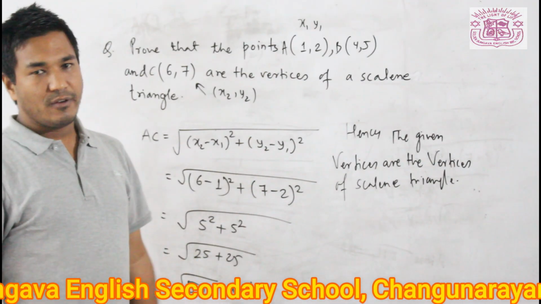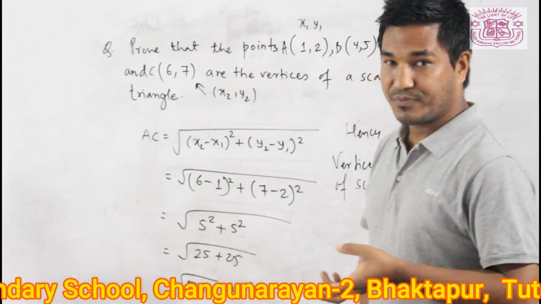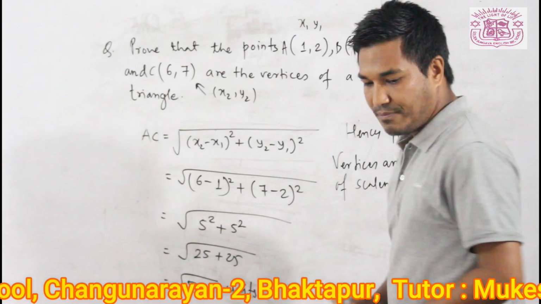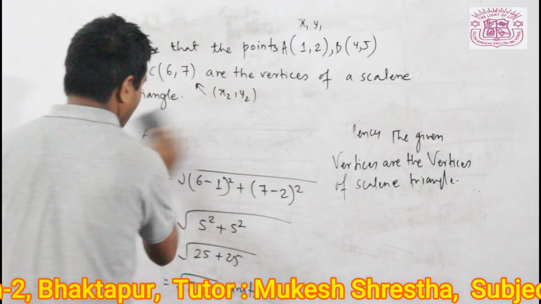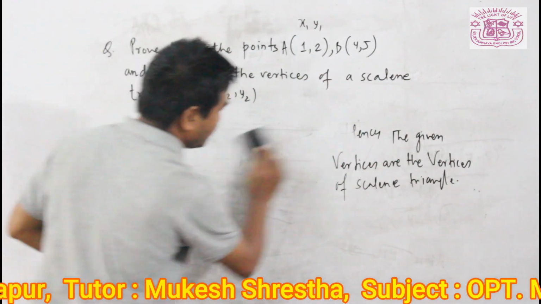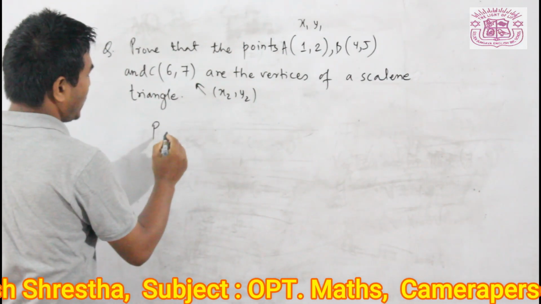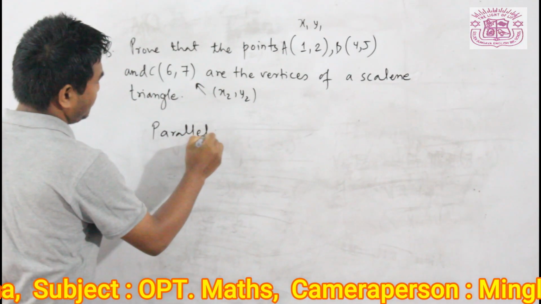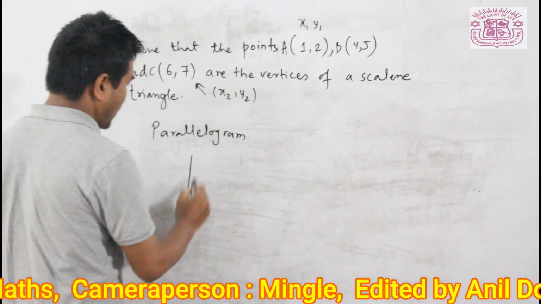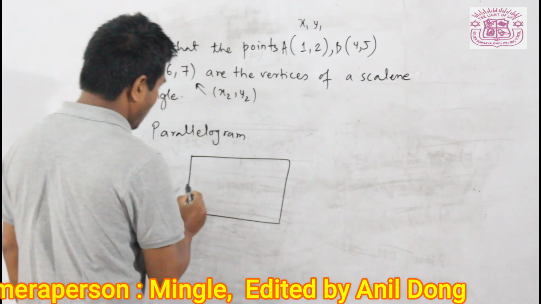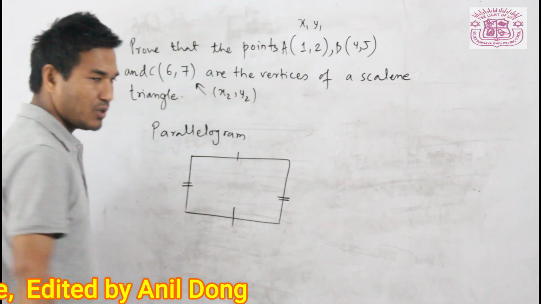For proving the vertices of a parallelogram, we have to prove the opposite sides to be equal. In the case of a parallelogram, we have to prove the opposite sides, this and this to be equal, and this and this to be equal.